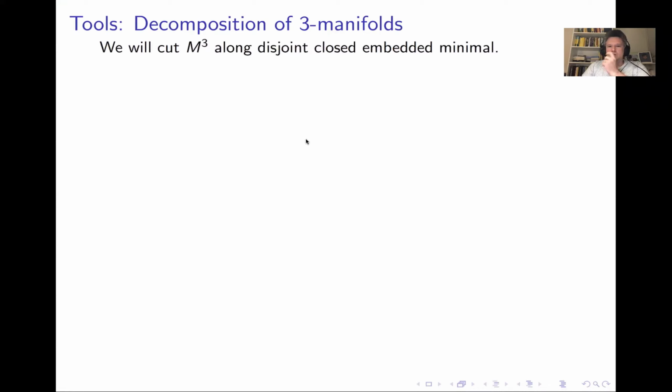So given a manifold M now with positive scalar curvature, first I'm going to make a small technical assumption, which is that I'm going to assume that the manifold, with that positive scalar curvature metric, is bumpy. So what does that mean, a bumpy manifold?